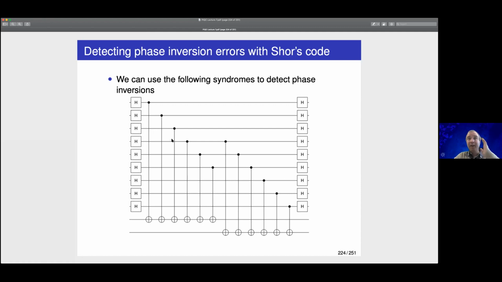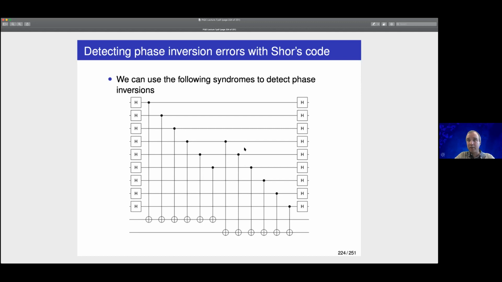And here, notice that since for the part of the phase inversion I'm using logical qubits, which in turn are encoded as 3 different physical qubits, in order to measure the phase inversion syndrome, I need to use 3 CNOT gates and 3 CNOT gates, because this is one logical qubit and this is another, the second logical qubit.